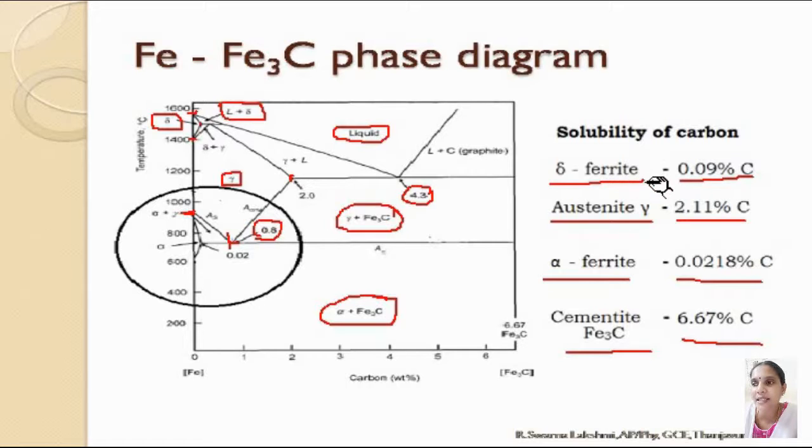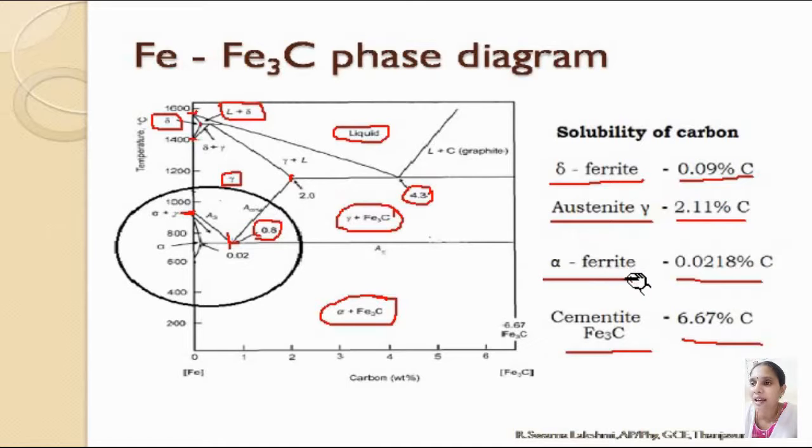It is a BCC structure at high temperatures with a limit of solubility of 0.09 weight% carbon. Then the austenite phase, for pure iron, it exists between 1410 degrees Celsius to 910 degrees Celsius with a solubility limit of carbon set at 2 weight%.